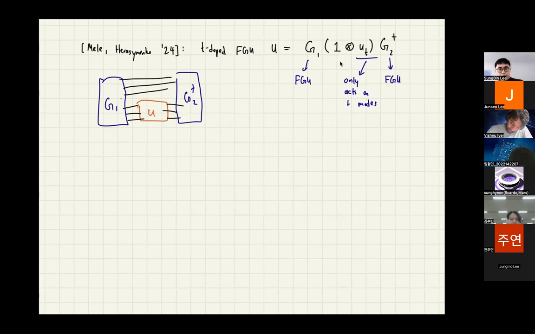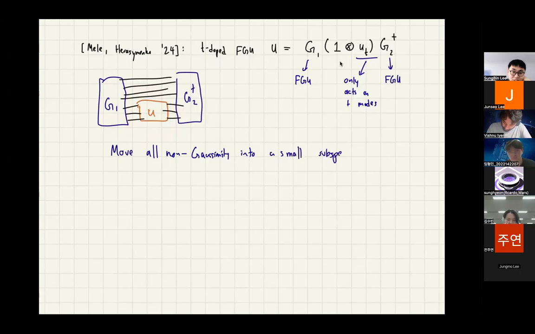What this is saying is that you can move all the non-Gaussianity into a small subspace. Okay? So that's what this compression lemma is basically telling you.